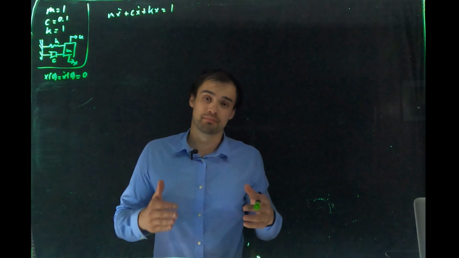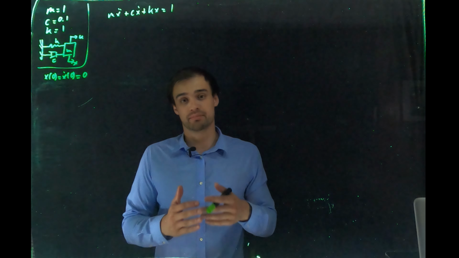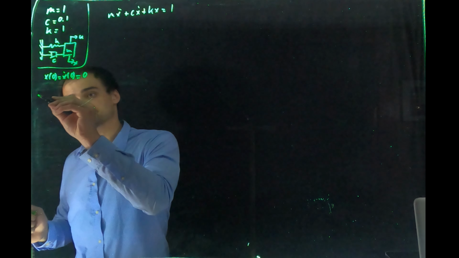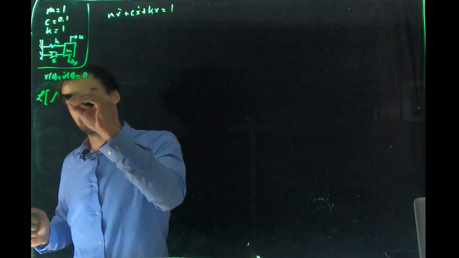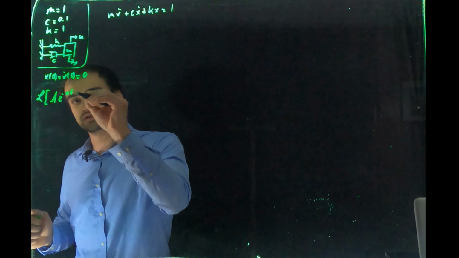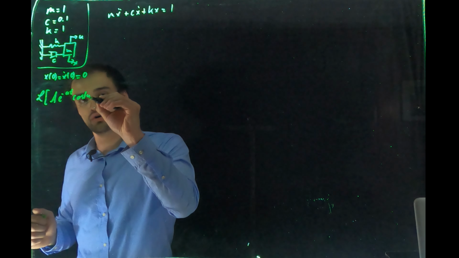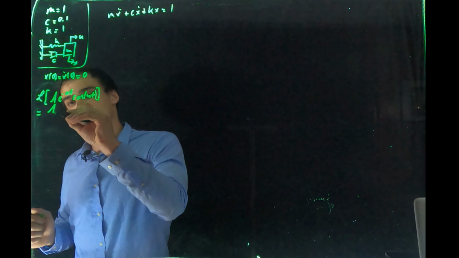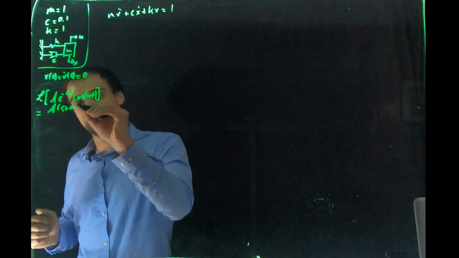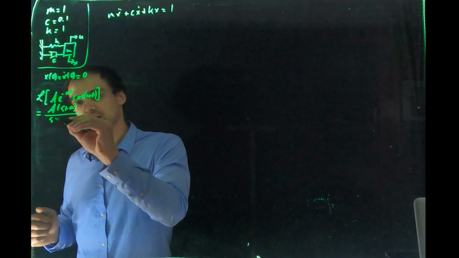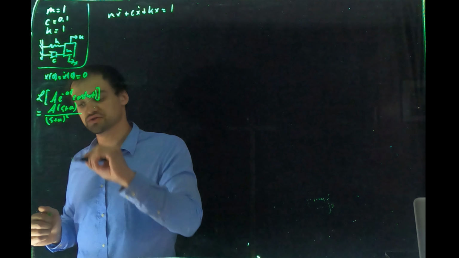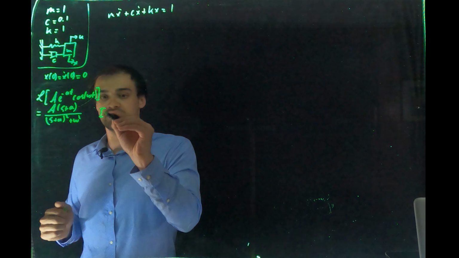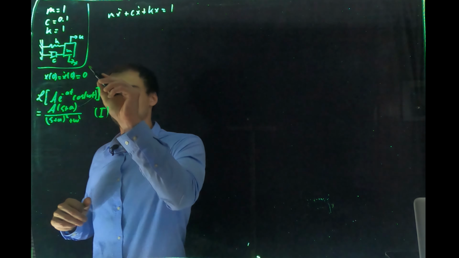I start the problem by writing down two very important Laplace transformations which we will need to solve this equation. The first one is going to be the Laplace transform of e to the power minus a t cosine omega t, which is equal to (s plus a) divided by (s plus a) in brackets squared plus omega squared. That is rule number 1 which you'll need.